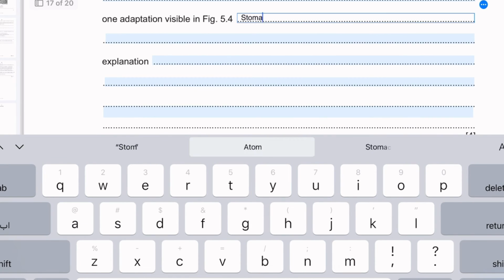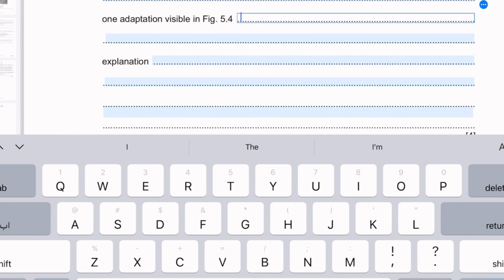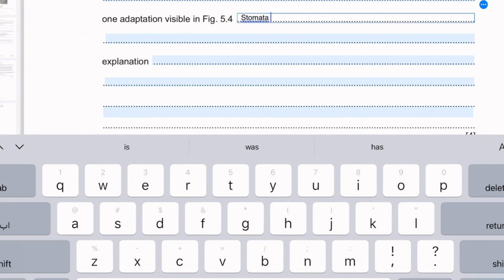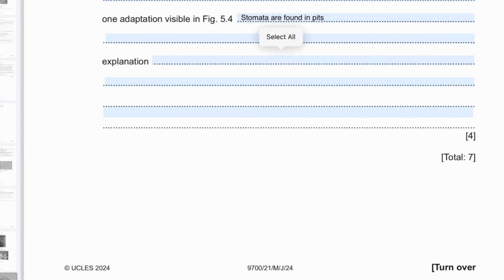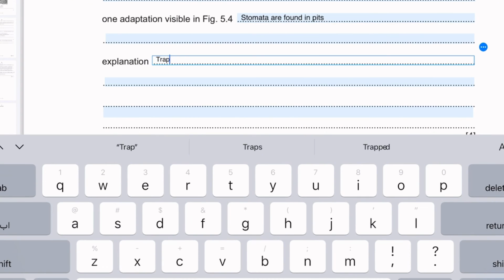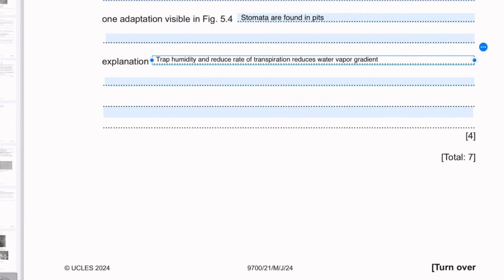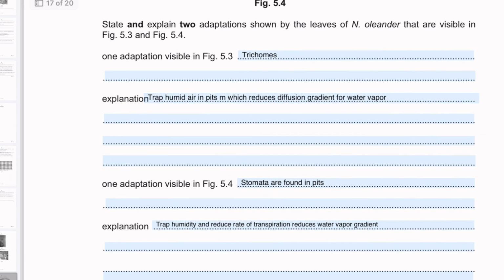Okay, stomata are found in pits, and so this obviously is able to again trap humidity and also reduce the rate of transpiration. And this is because it reduces the water vapor gradient for diffusion.